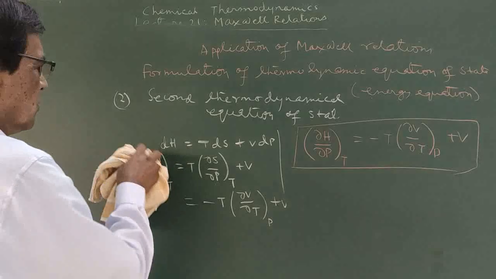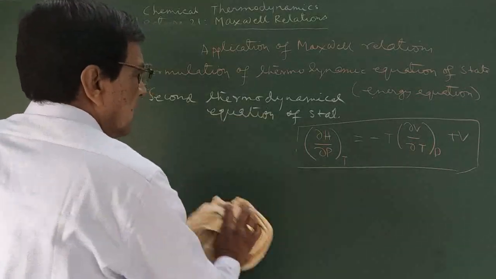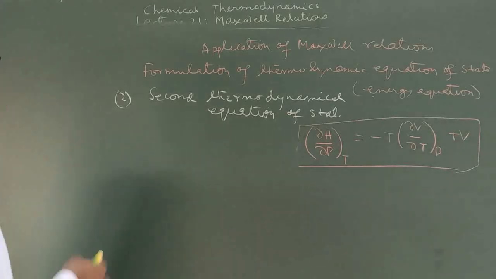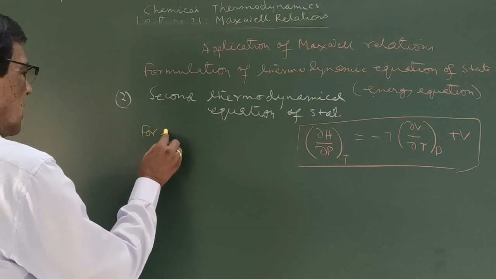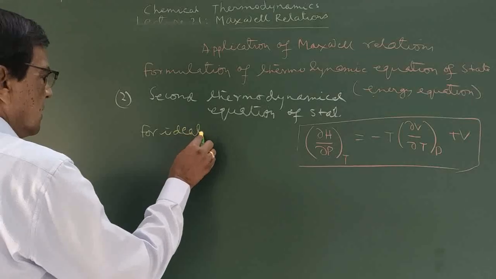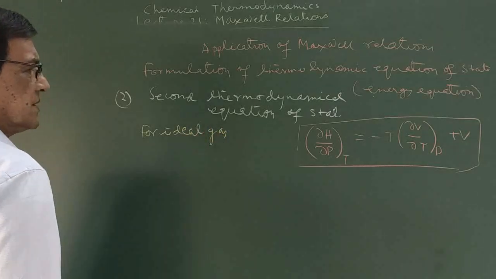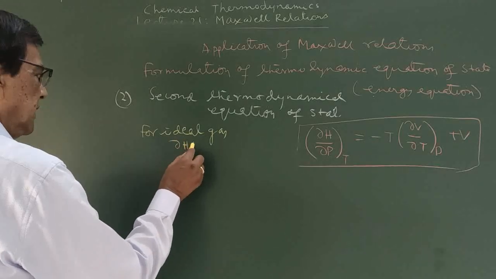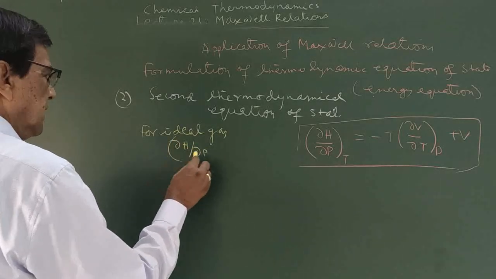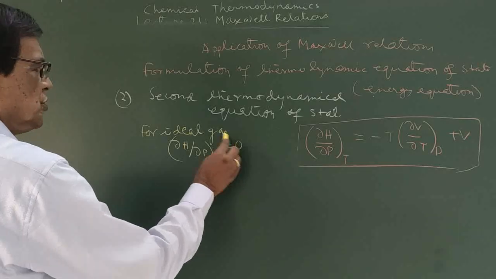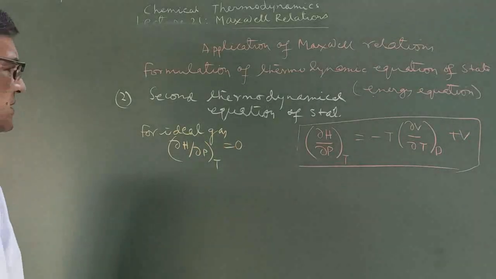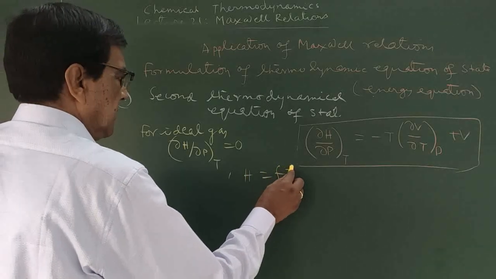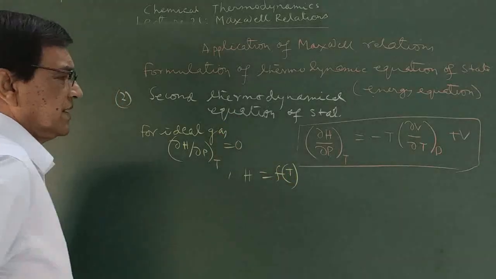So in this case also, if we calculate for an ideal gas, you can find by yourself that it equals 0. It means that H is a function of temperature only for an ideal gas.